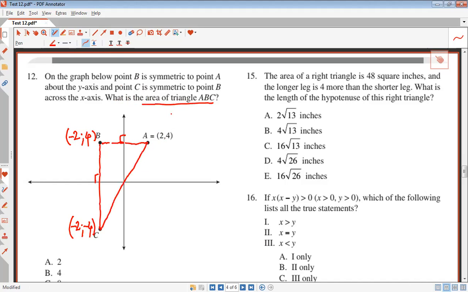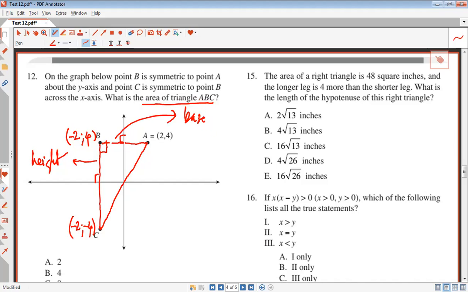We can see that the triangle ABC is a right triangle, and to find the area we can consider the segment BC as the height and the segment AB as the base of the triangle.